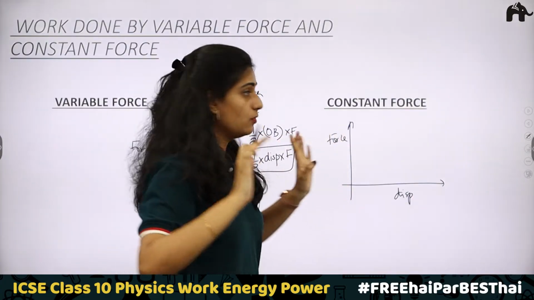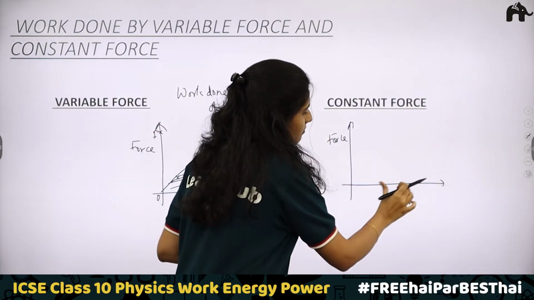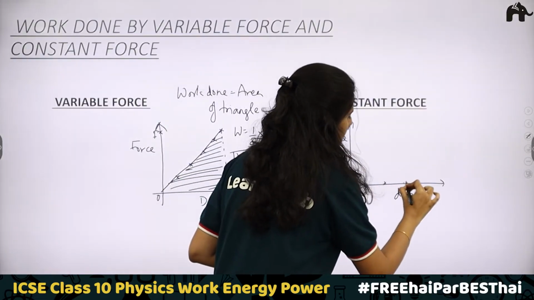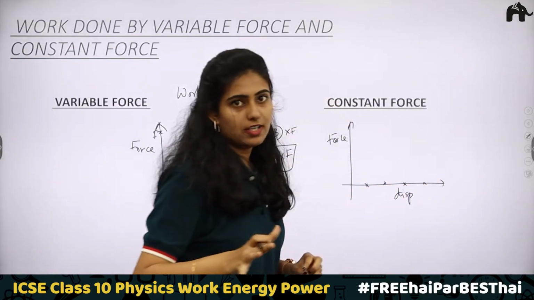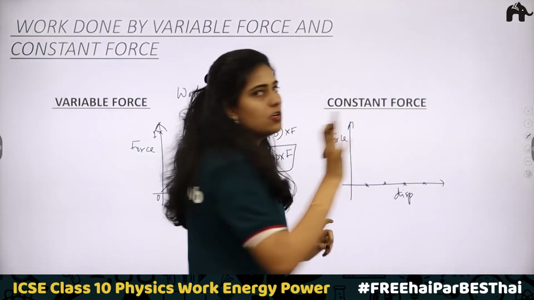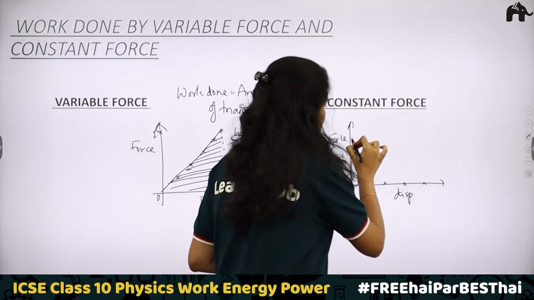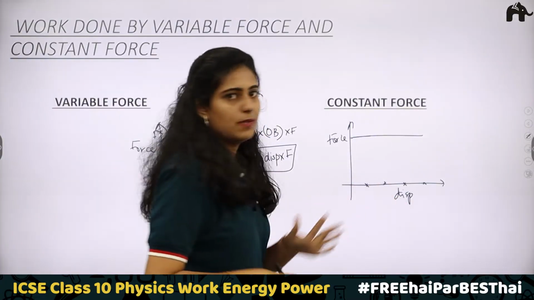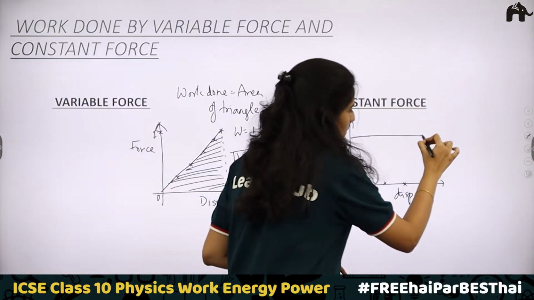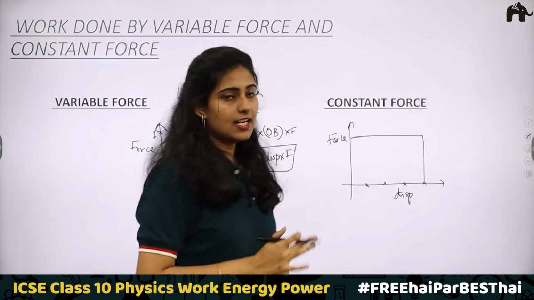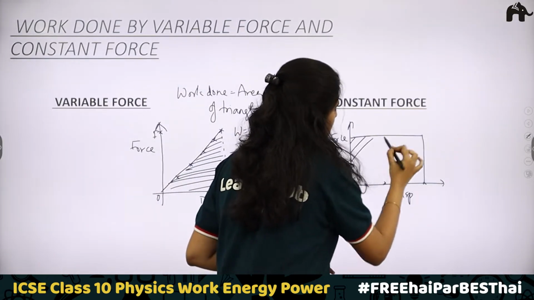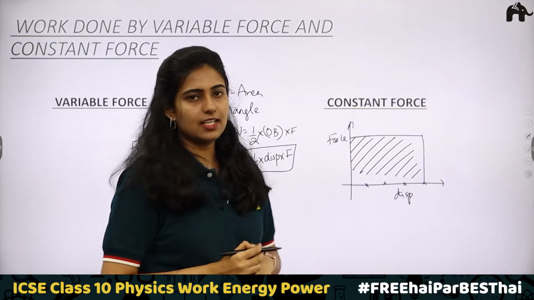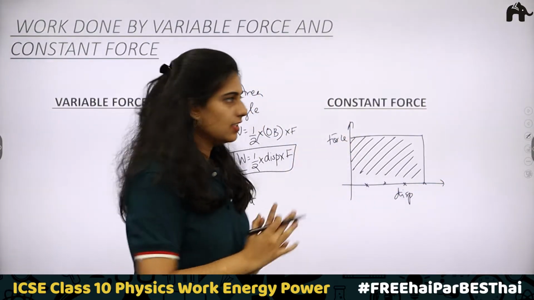Constant force is applied, which means at every point of displacement, say 1 meter, 2 meter, 3 meter, 4 meter, whatever be the displacement, force will be the same, which means we will be getting a straight line parallel to the x-axis, or displacement axis. So, drawing a perpendicular, you will be getting a rectangle. Finding the area of this rectangle, you will be getting the required work done.